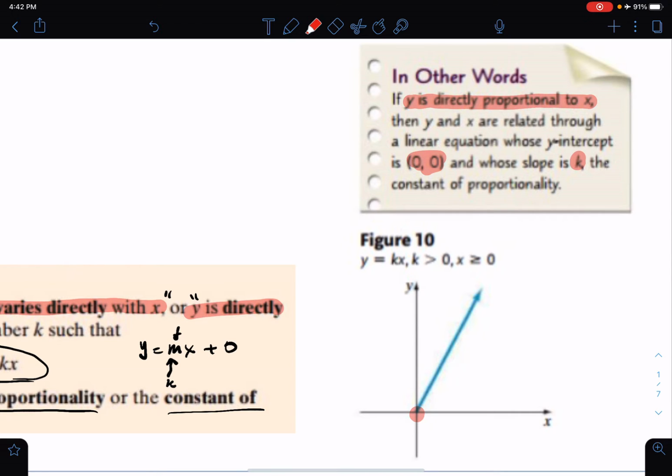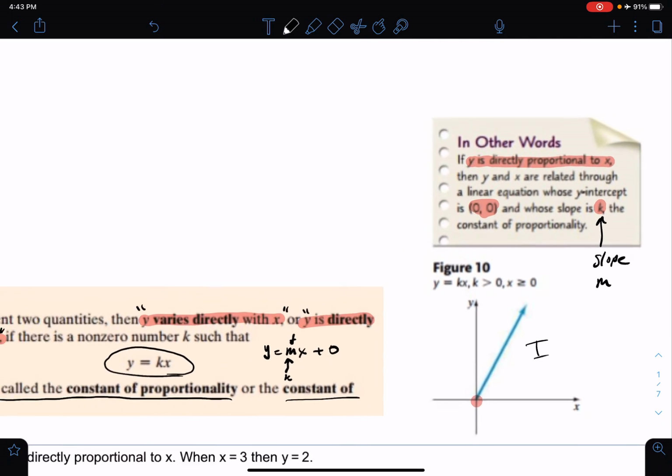K, the constant of proportionality, is your slope. In previous formulas, we used m for slope. Also, the k value is going to be greater than 0, and x is going to be greater than or equal to 0. So we're always going to be looking at this first quadrant when we do this.